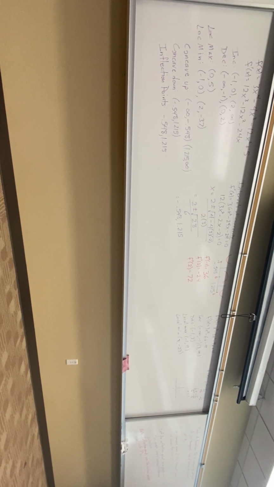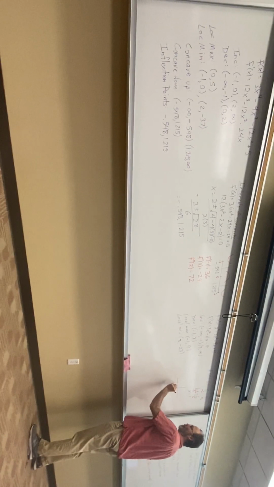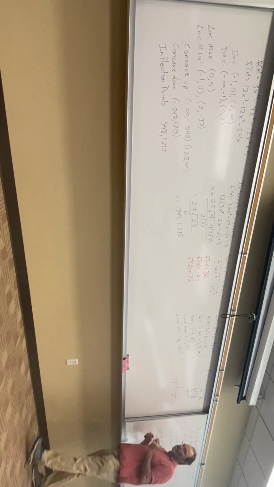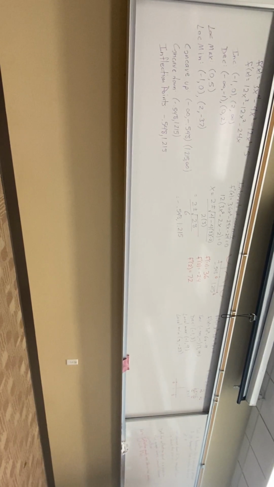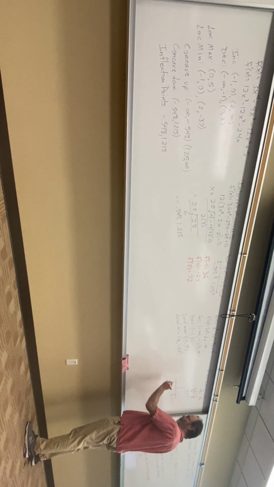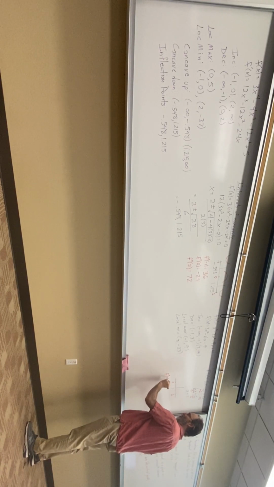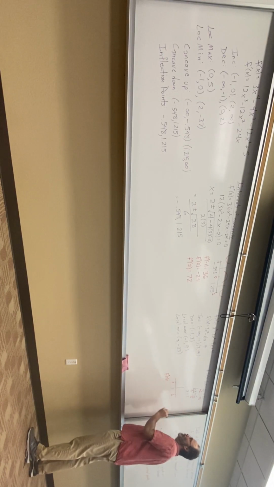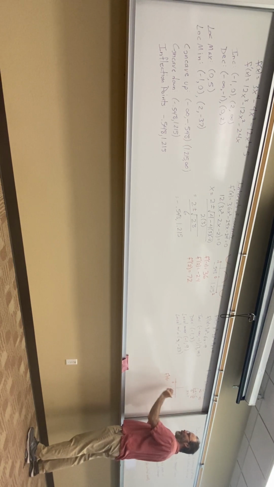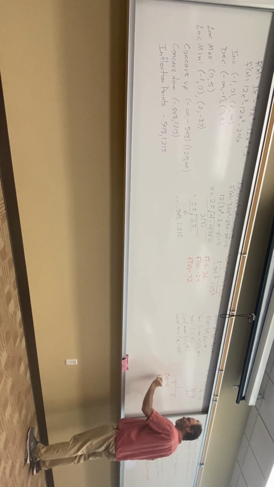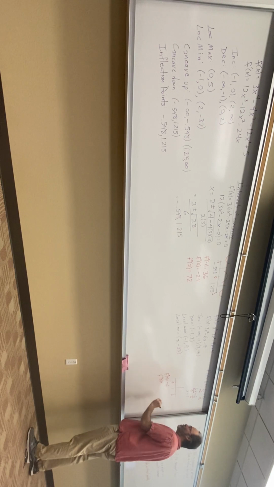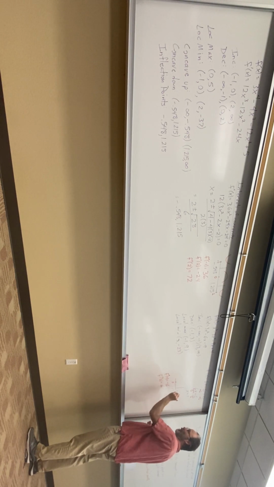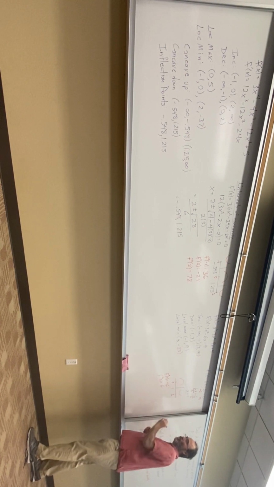What do you want to pick for our test points? 0 and 2 are good choices. So we need f double prime of 0. Plugging in 0 into this, we get negative 6. f double prime of 2 is 12 minus 6, which gives us a positive 6. So we're down, we're up.